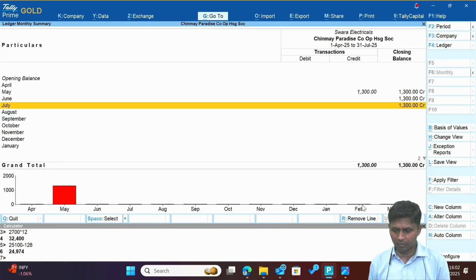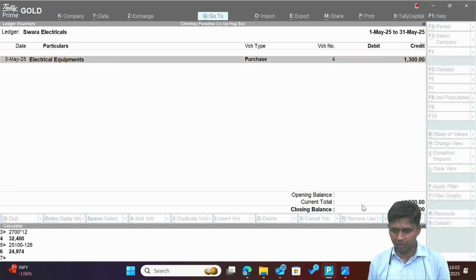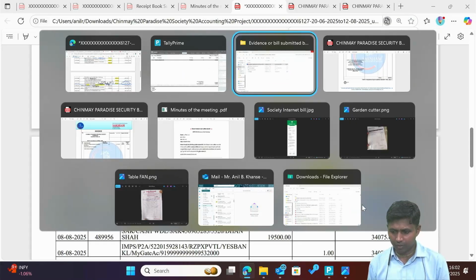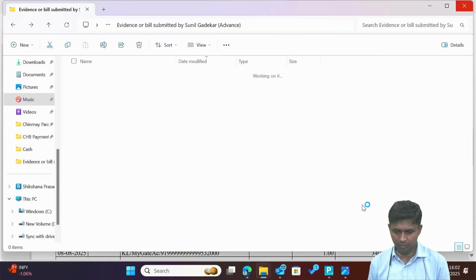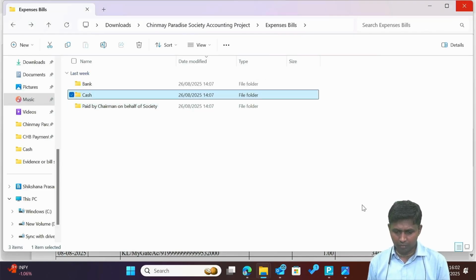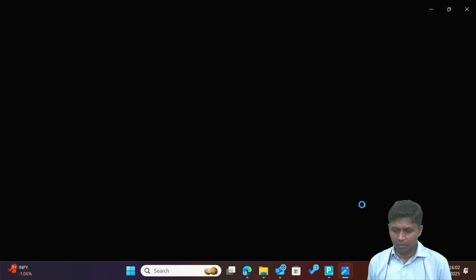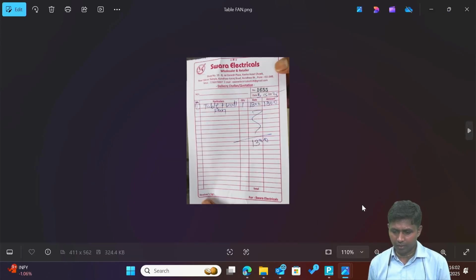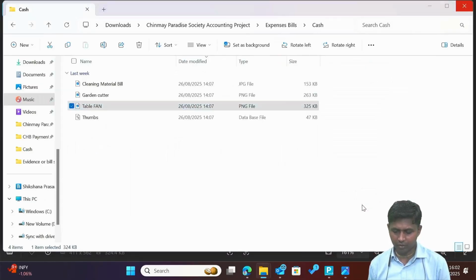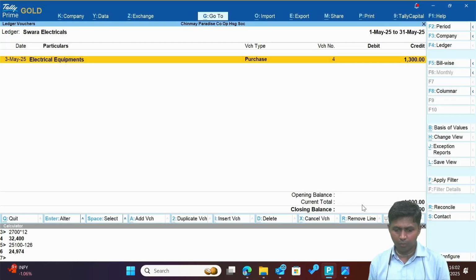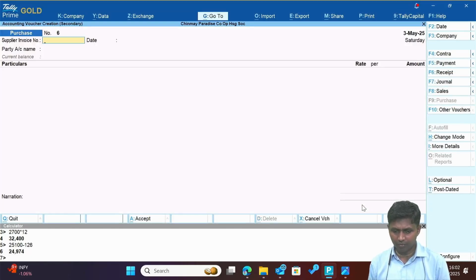Then this 1,300 rupees. Let me check what had happened to 1,300 rupees. This is cash table fan paid via cash, paid through cash. Therefore, 1,300. Now, no need to open this for I electricals because we have paid. Yeah, on 3rd May itself, we have paid.